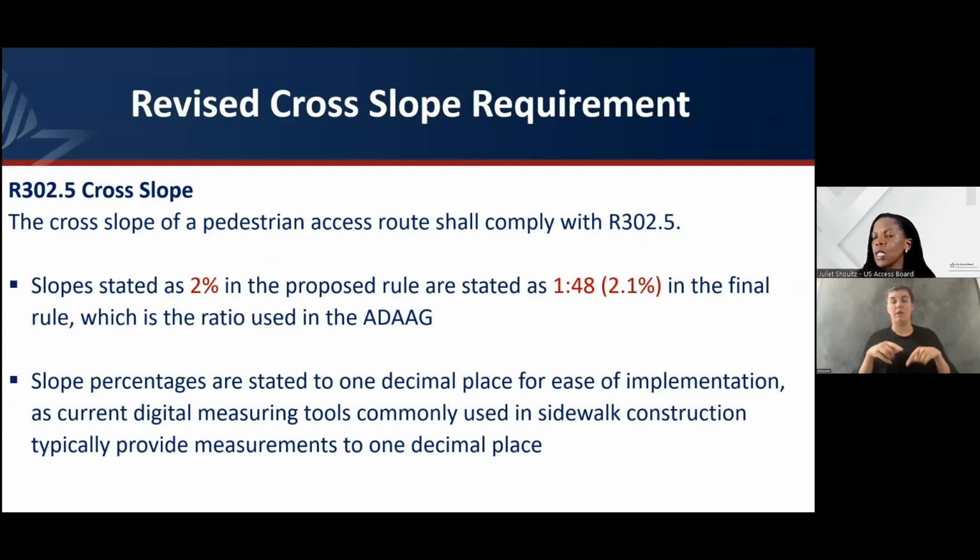So what that looks like is slopes that were previously stated as 2% in the NPRM are now stated as 1 in 48 or 2.1%, which is the ratio that is used in ADA and ABA. The slope percentages are stated to 1 decimal place for ease of implementation, and also recognizing that current digital measuring tools commonly used in sidewalk construction typically provide measurements to 1 decimal place.